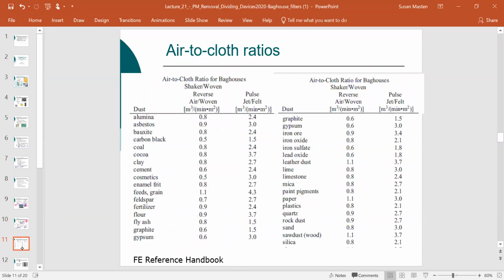So this is a table from the FE reference handbook. It is air to cloth ratios, and notice that they vary both with the material that you're removing.